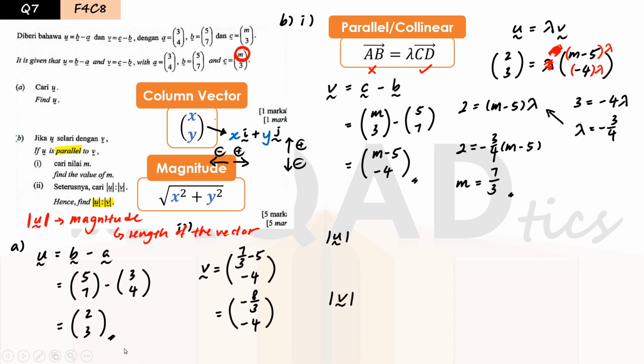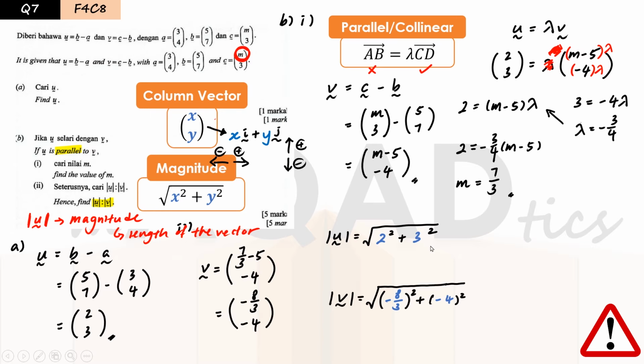Now we have the values of vector u and vector v already. So let's use this formula to calculate the magnitudes. For the values of x and y, which are 2 and 3, substitute into the formula. Negative 8 over 3 and negative 4, substitute into the formula.